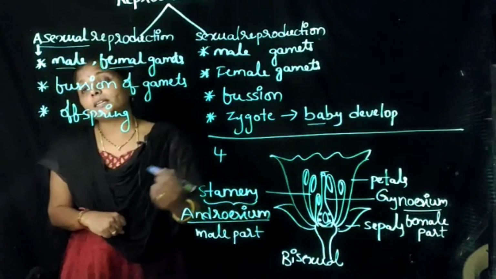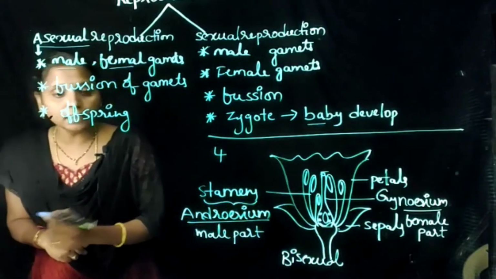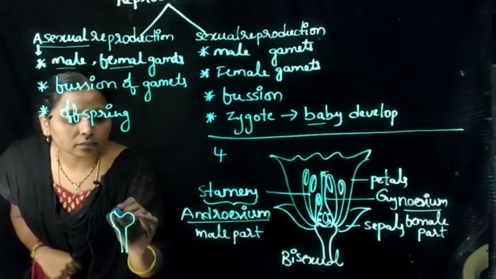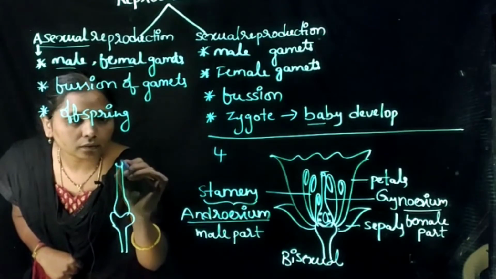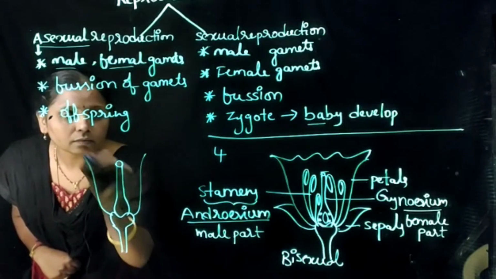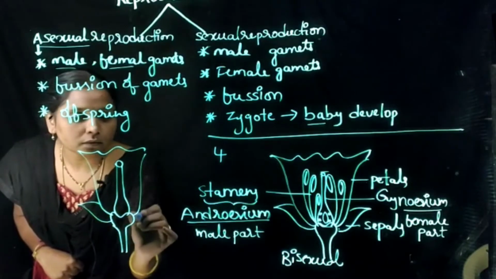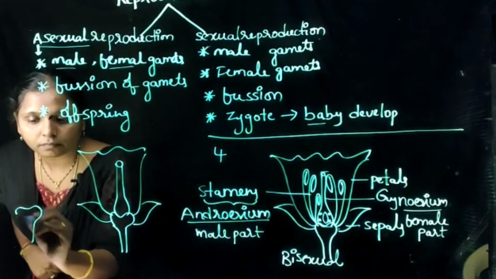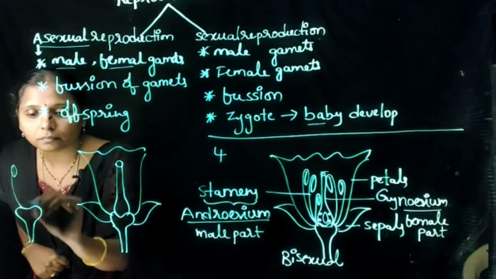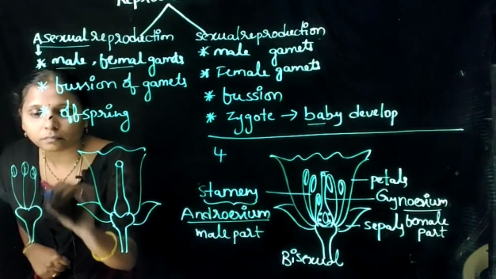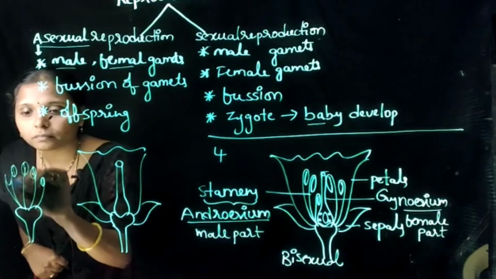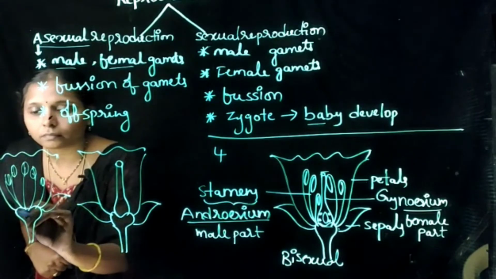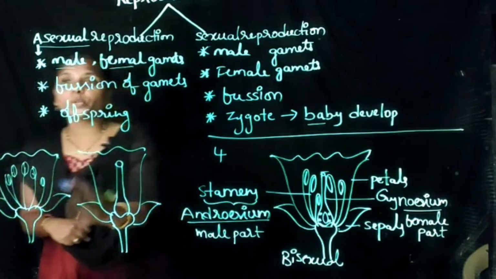And different other types of flowers also we can find, like this. So here we can see two types of flowers.